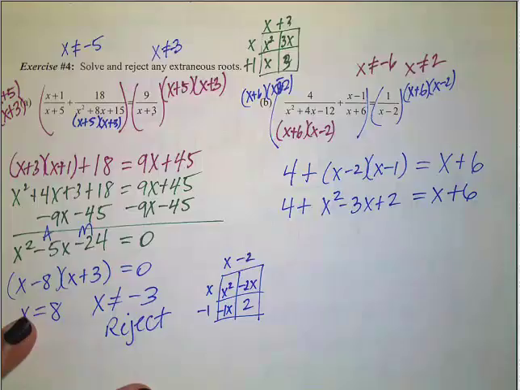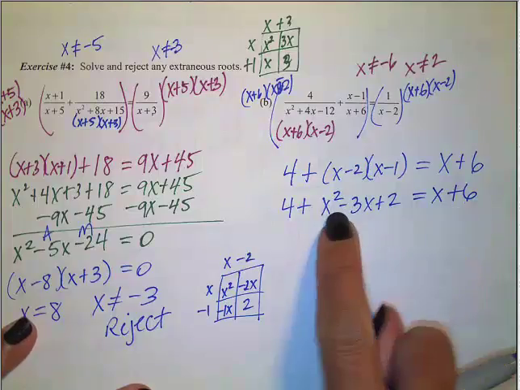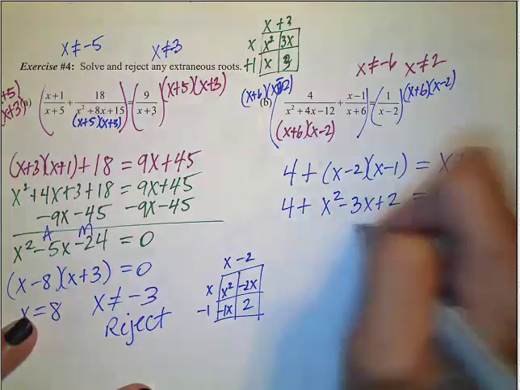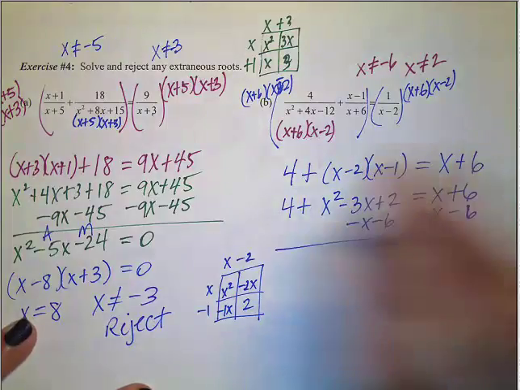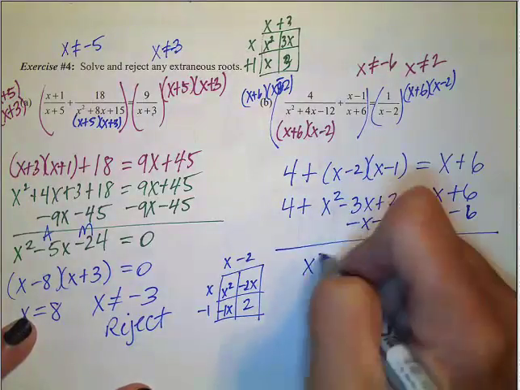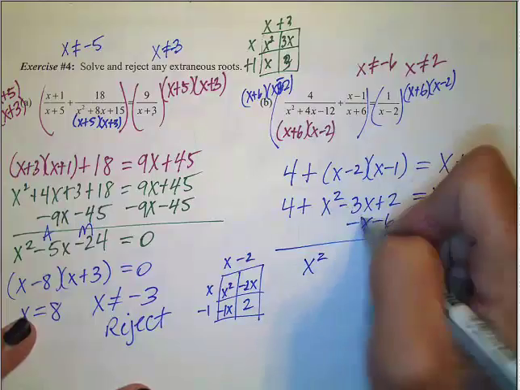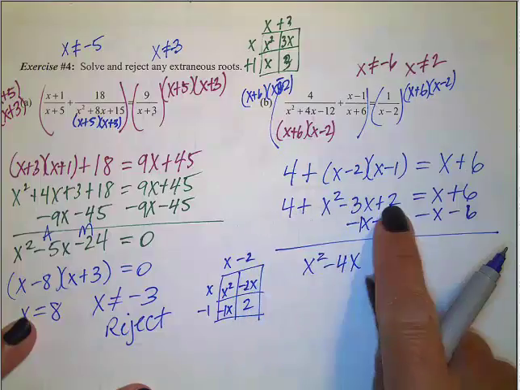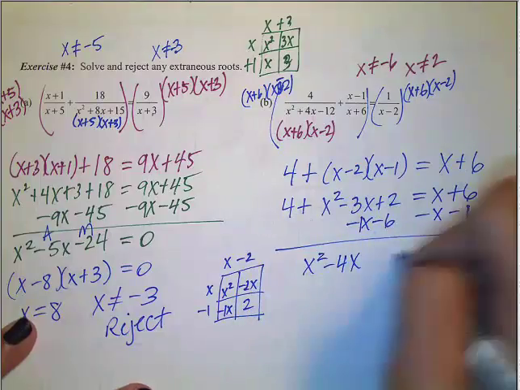I need to get it equal to 0 because I have a squared, so I'm going to subtract x and subtract 6. So I have x squared minus 3x and minus 1x is minus 4x. 4 plus 2 is 6, minus 6 is 0.